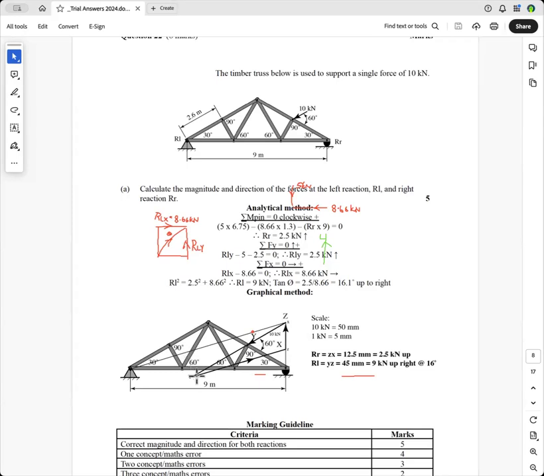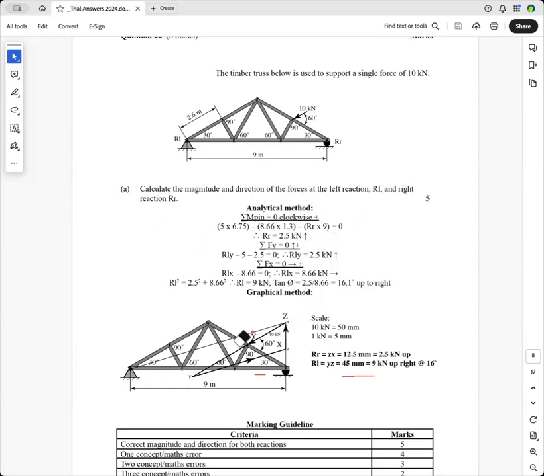This force here will be parallel with that one. And then this last force has to go through that point, has to be vertical. And so you've got that distance there. And you just scale them off, and you should get pretty close to what you've got here. So that's how you do that question.